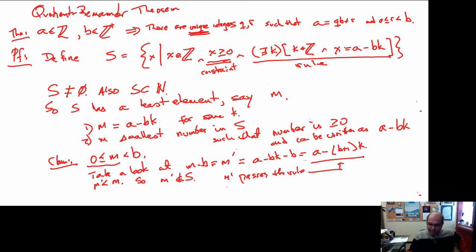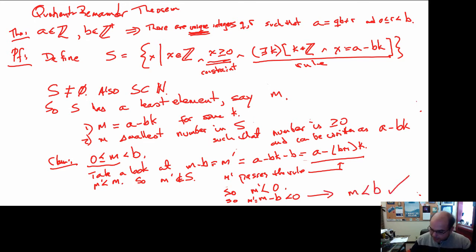What that means is that M prime must be less than 0, right? Because if it wasn't less than 0, then it would actually be in that set S. Okay? So what do I know? M minus b, that's what M prime is, right? Okay? Is less than 0, and that just implies that M is less than b. Okay?